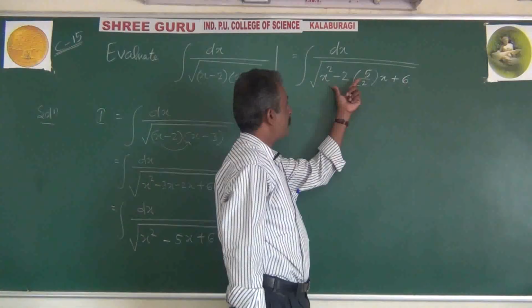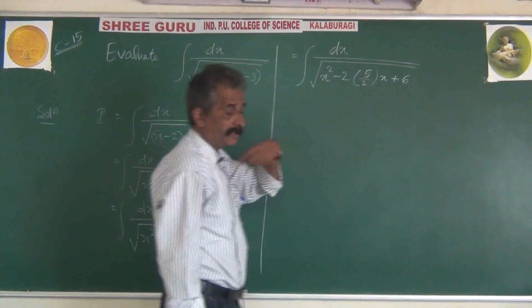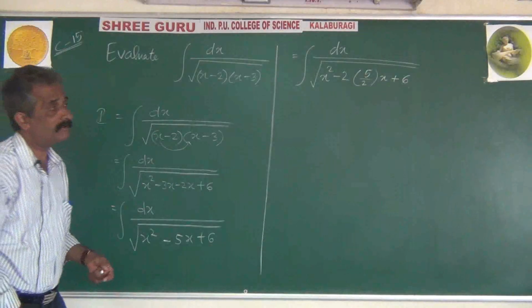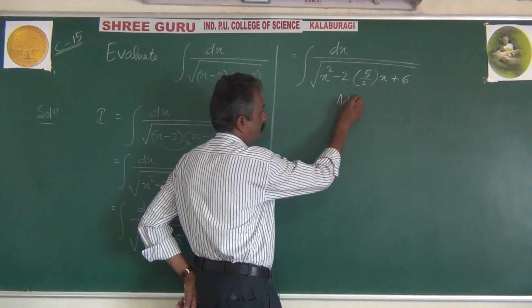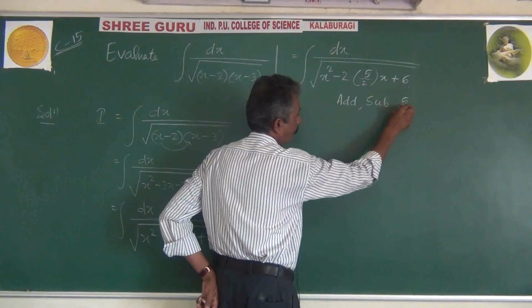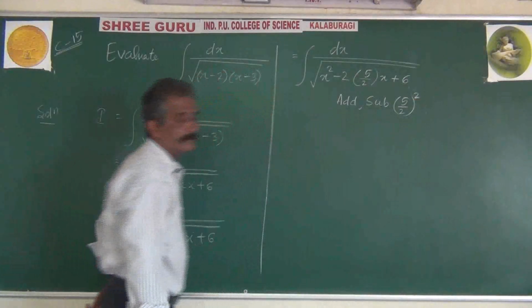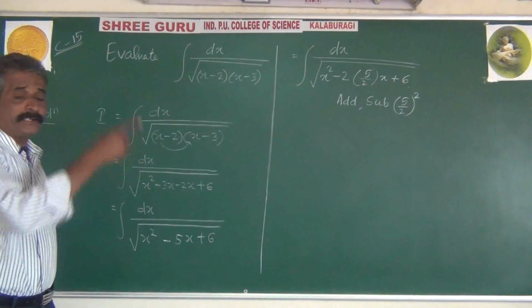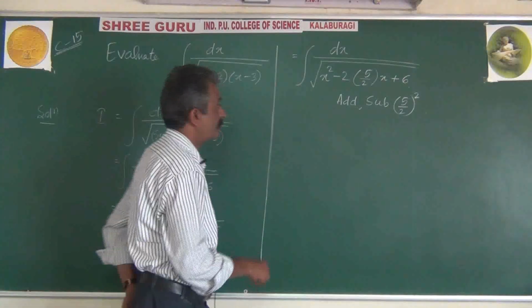So after getting the term 2x in the bracket, what number will come? That much square should be added and subtracted. Add and subtract (5 by 2) square. So inside that square root, we add and subtract the number (5 by 2) whole square.